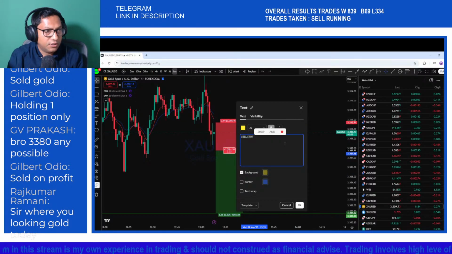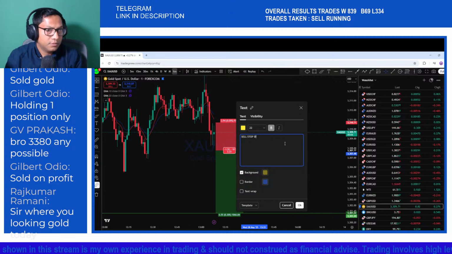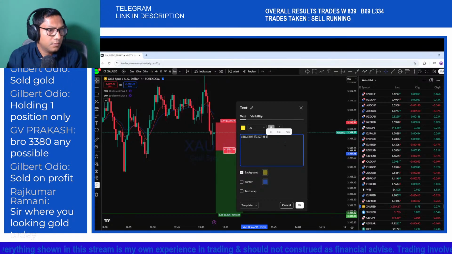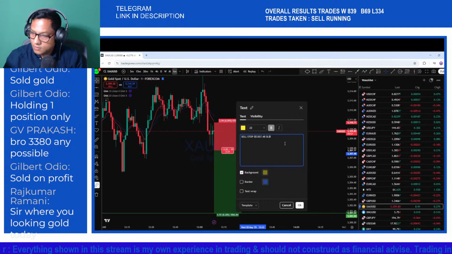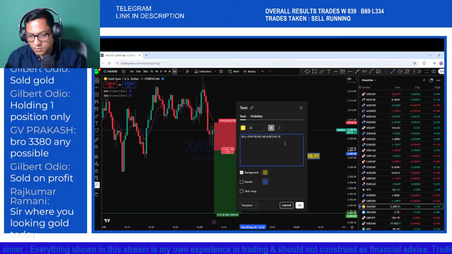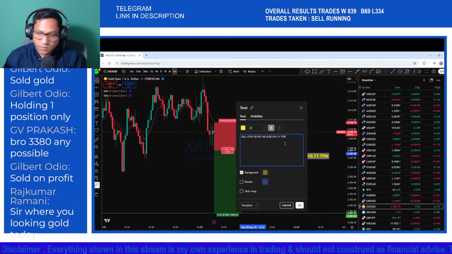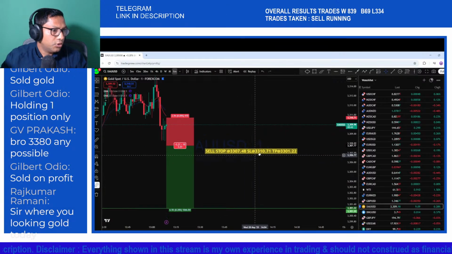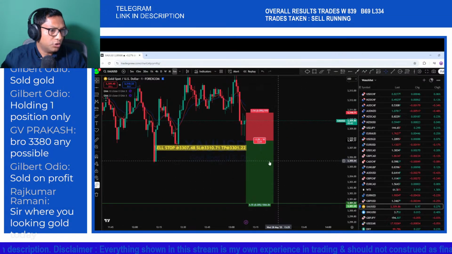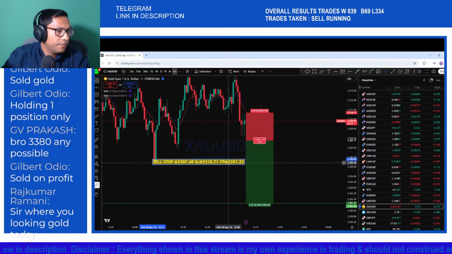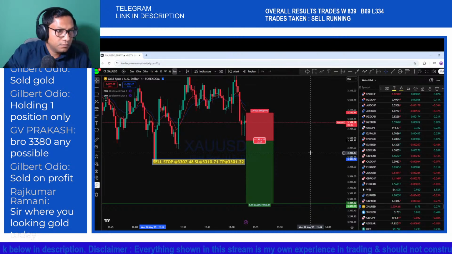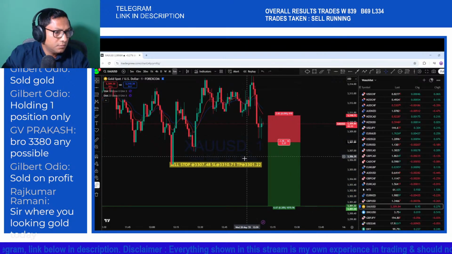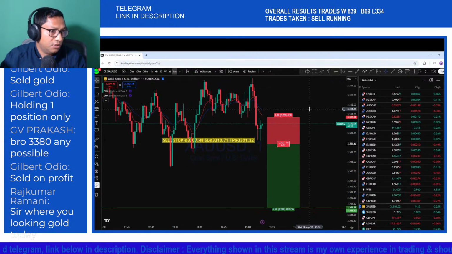This is the second trade. So here, placing that sell stop for the potential break below. Waiting to see a potential drop.